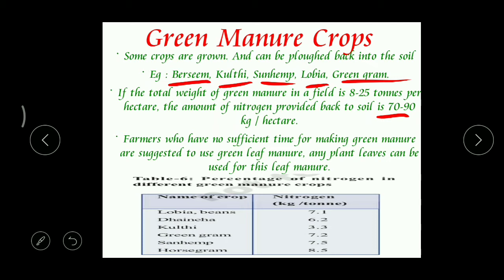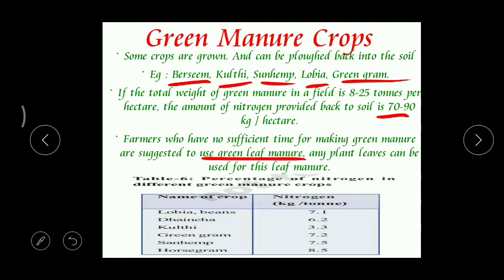And farmers who have no sufficient time for making green manure, because you know it is a time consuming process, in such a case they can use green leaf manure.